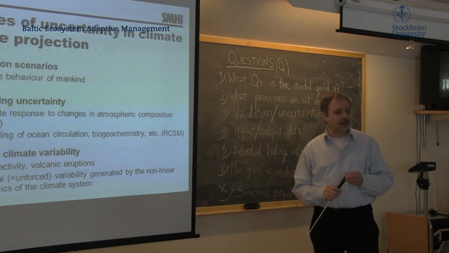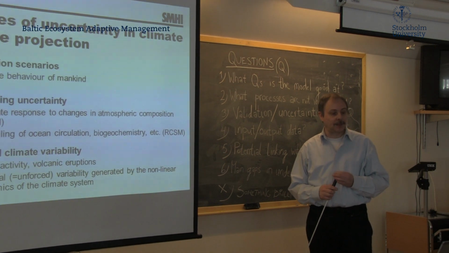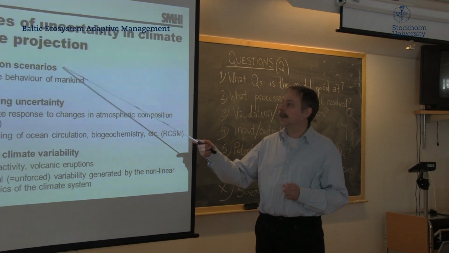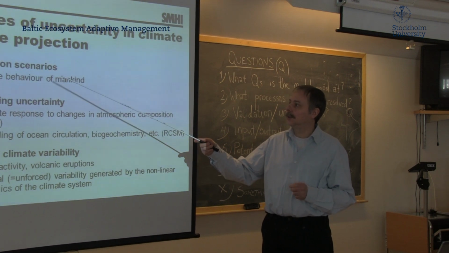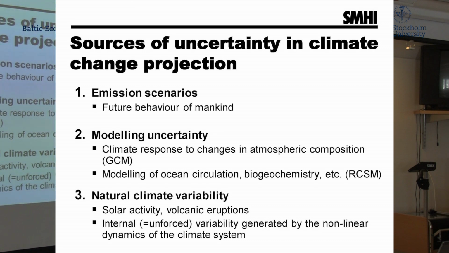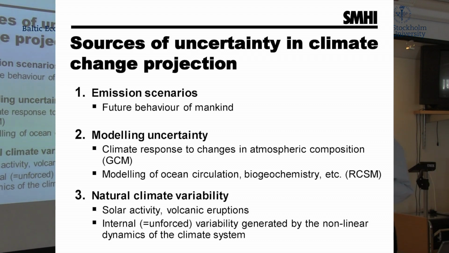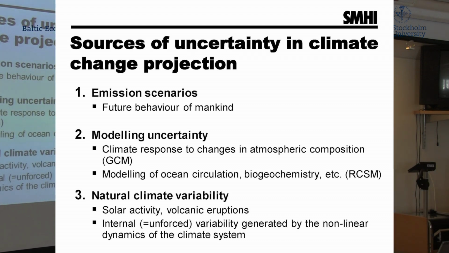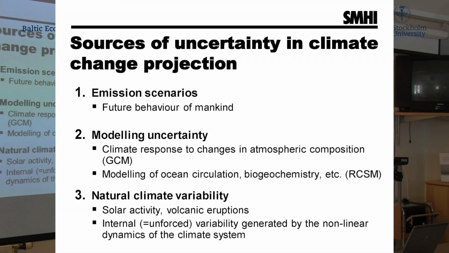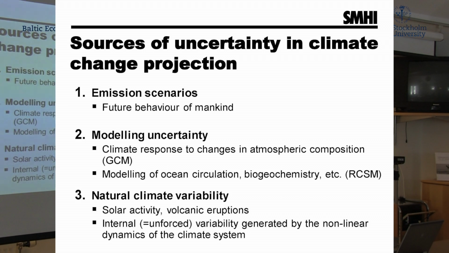So where are the uncertainties in any kind of climate change projections coming from? Well, of course, the emissions. And you need certain emission scenarios. We do not know how the future behavior of mankind develops, and that's true both for climate, so the emission of greenhouse gases, but also the emission of nutrients to the Baltic Sea. Then the models are not perfect.